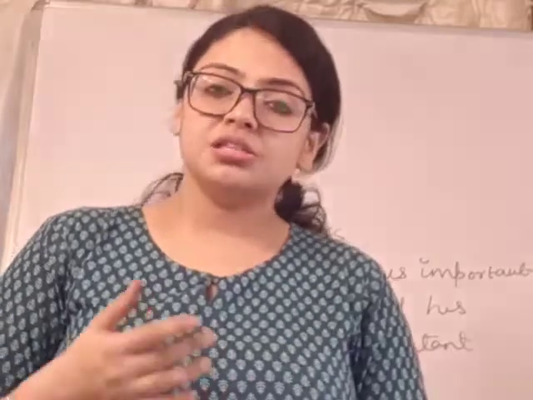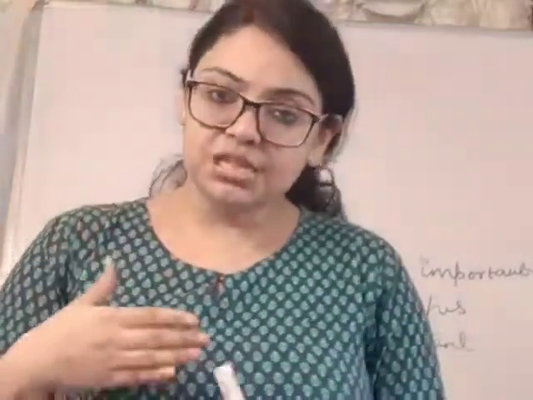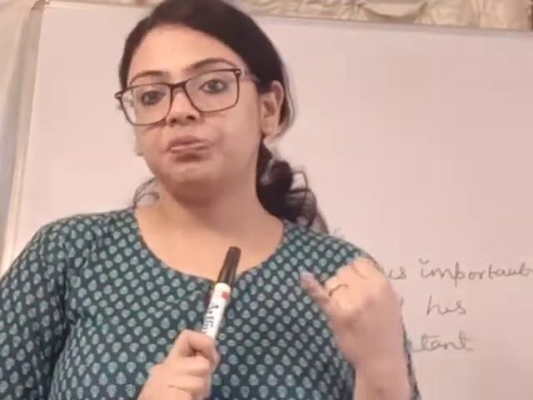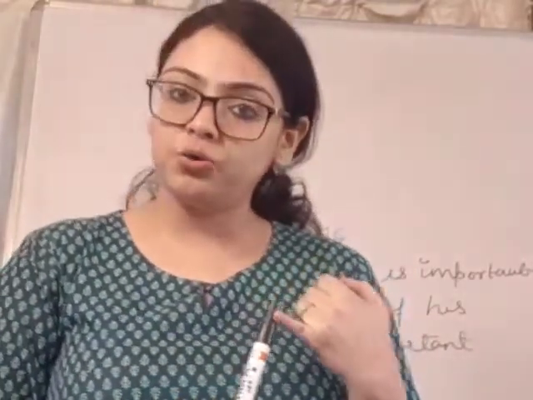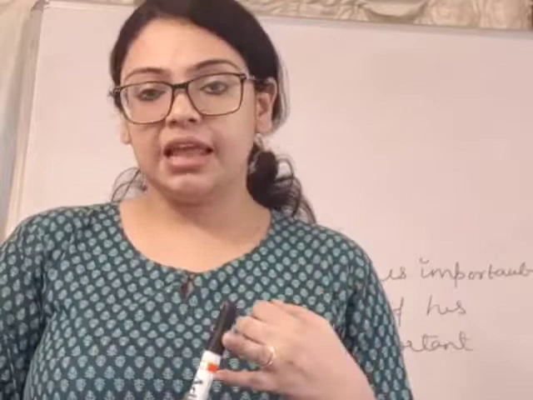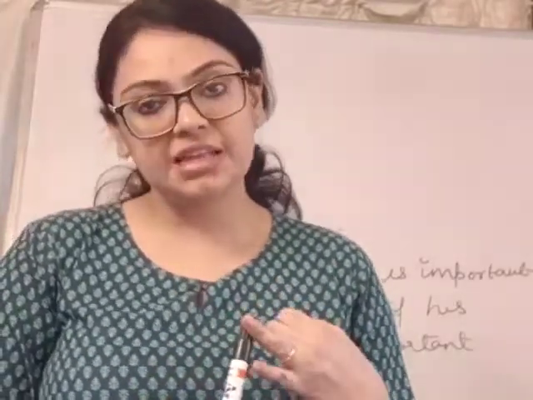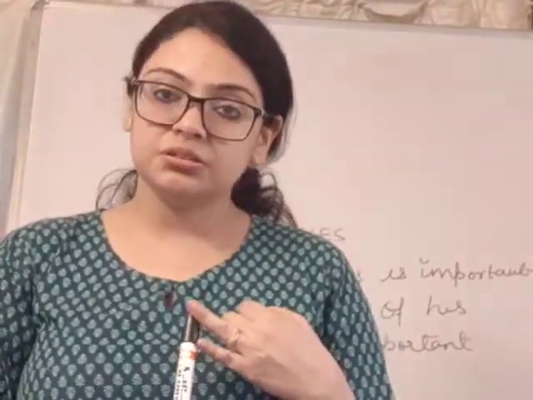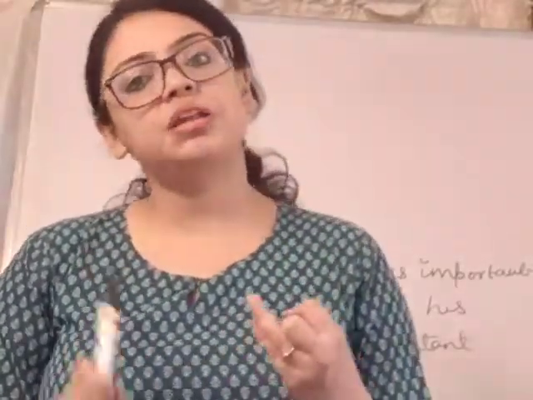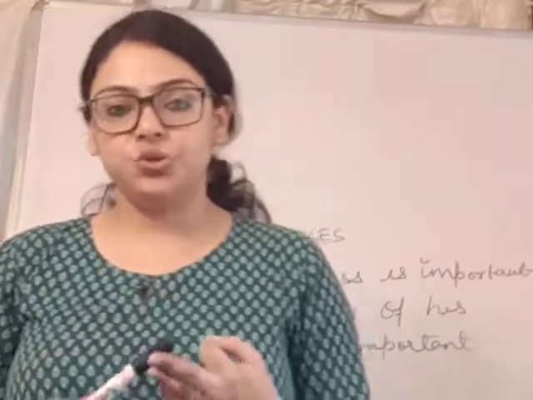Okay? So, there are certain rules that I have discussed in the video with you. The first thing is, an article is followed by a noun in the sentence. Second thing is, when you're talking about specific things, you can definitely use the before the noun, be it countable, be it uncountable. Thirdly, this is just a quick recap of what we have discussed in the video.